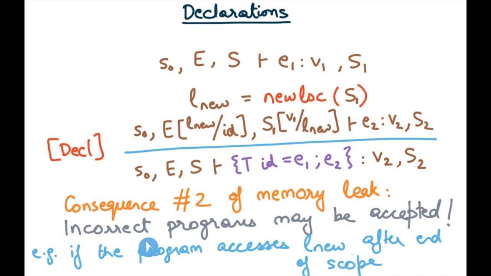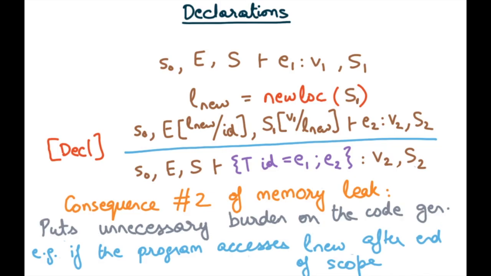In fact, from that perspective, incorrect programs may get accepted, because what you really wanted was that if an outside expression E3 accesses L new, then the program should immediately trigger an error or get stuck to indicate that the program was incorrect. But because L new is now getting leaked, we will incorrectly accept such a program as correct, and this is another consequence of this buggy rule.